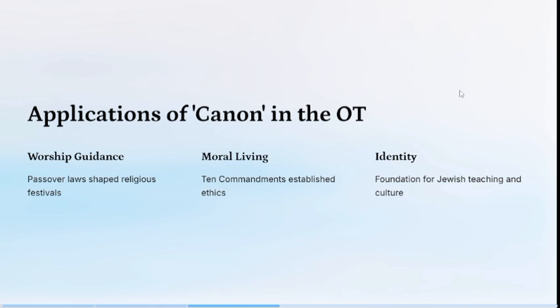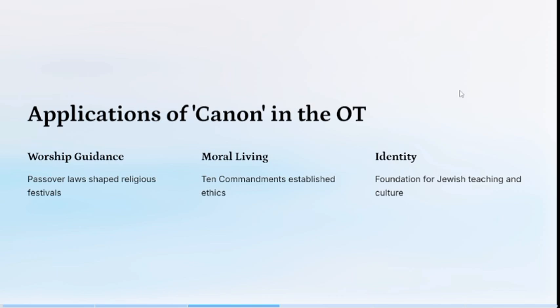Now, moving on to the cultural and historical application, where we have the identity, that is the foundation for Jewish teachings and culture. Under this aspect, we have the historical insight, where the Old Testament provides valuable historical information about ancient Israel, its culture, and the surrounding nations.